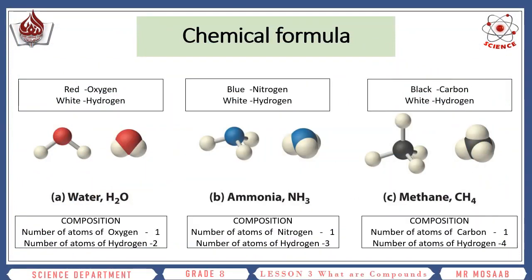For example, for this chemical formula, as you can see here, water is H2O. The red one represents one oxygen atom, and the white color represents two hydrogen atoms. So, how do we write it in a chemical formula? We have two hydrogen atoms, so we write H2.